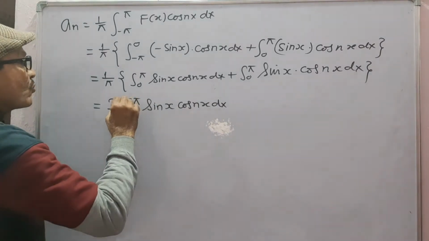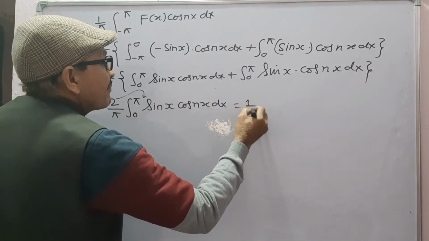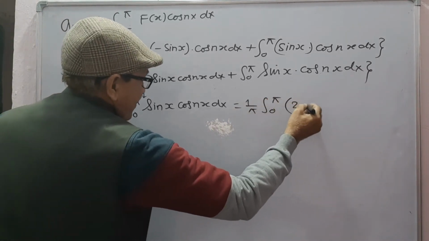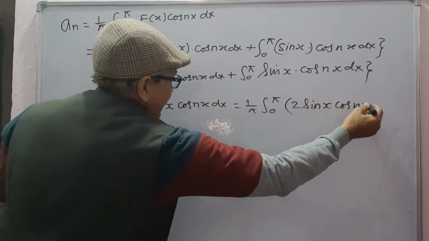This 2 can be taken inside to make 1 upon pi integral 0 to pi, 2 sin x cos nx dx.